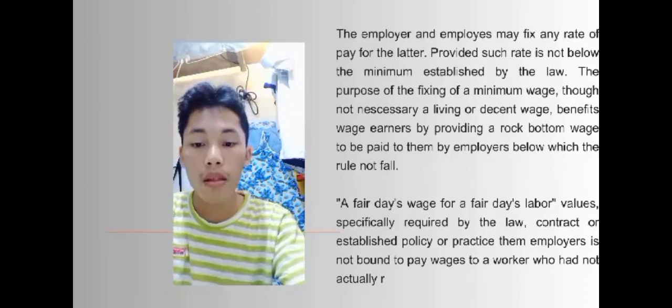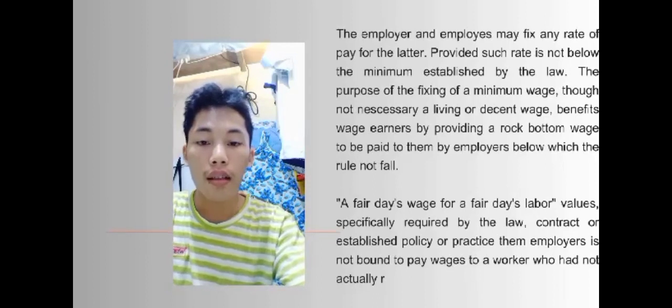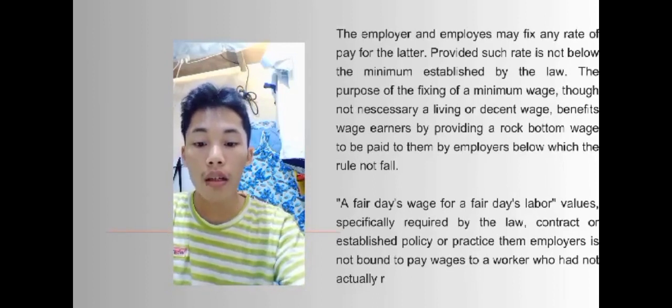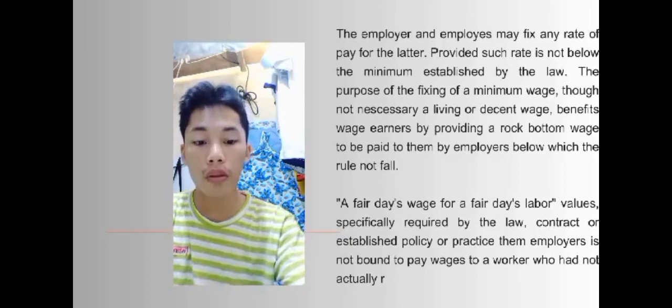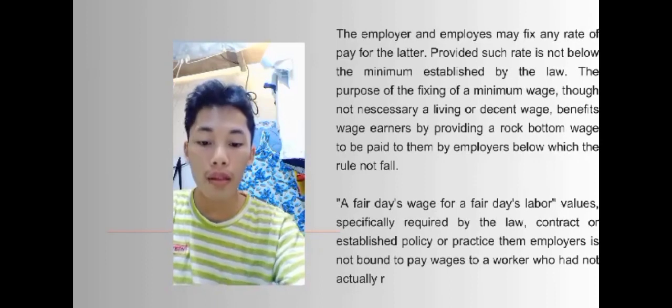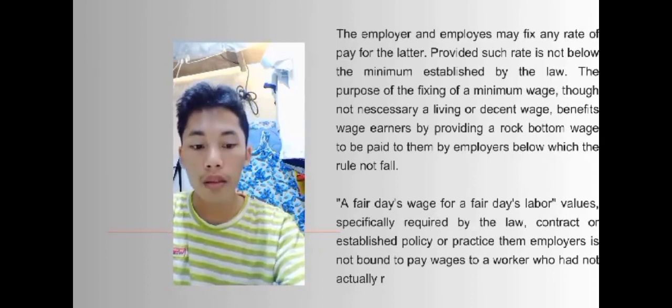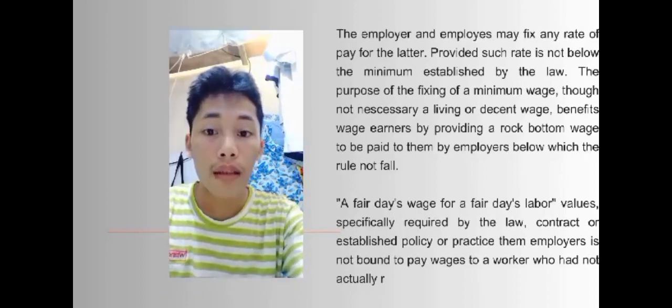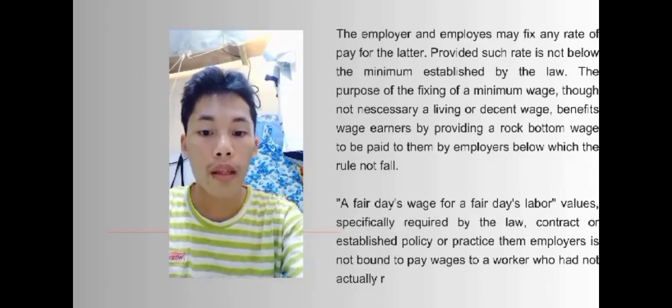These principles emphasize the idea that workers should be paid a wage that is based on the efforts and values they contribute to their work. This concept is foundational to the labor movements and the establishment of labor rights and protection. So in other words, no work, no pay.